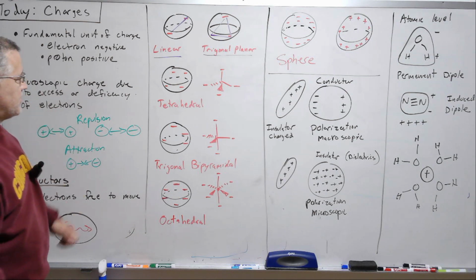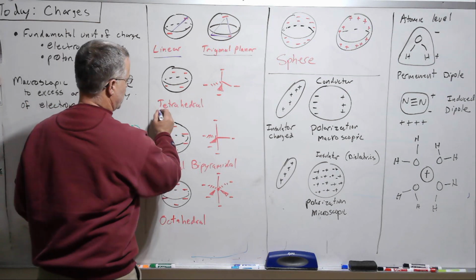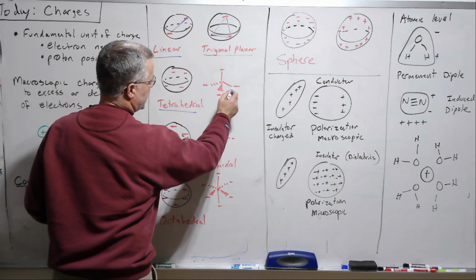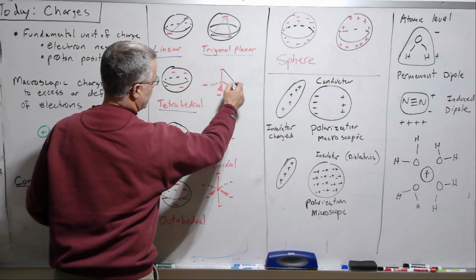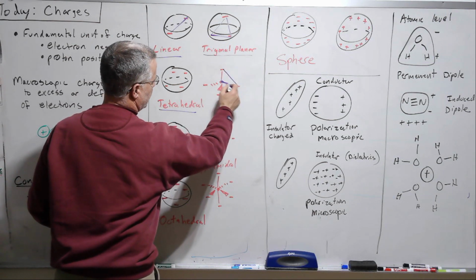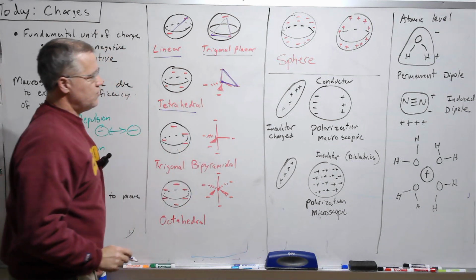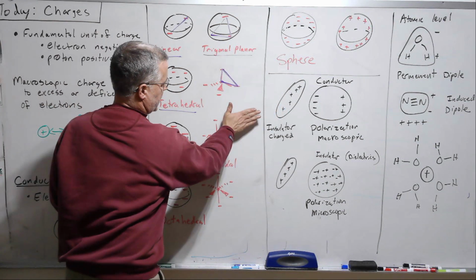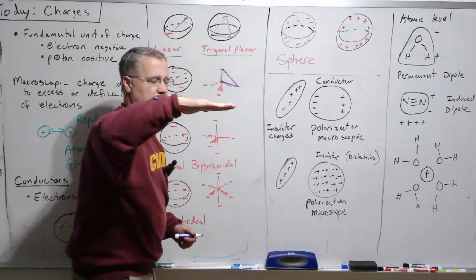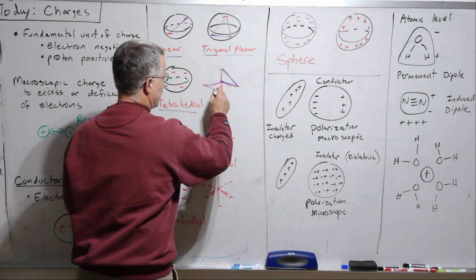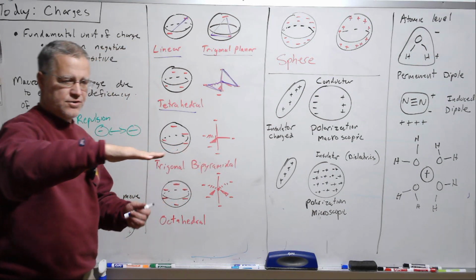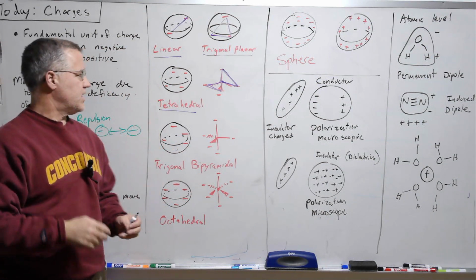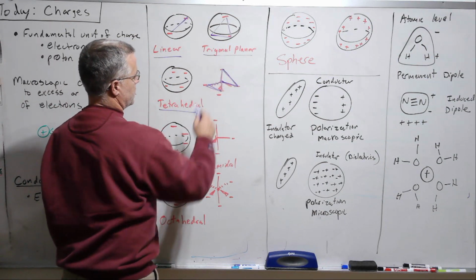So this will adopt a tetrahedral geometry. What we're trying to indicate here is that the center of the sphere and two electrons form a triangle, and if this is the plane of that triangle, then this is the plane of another triangle formed by the other two. So the planes are perpendicular to one another.